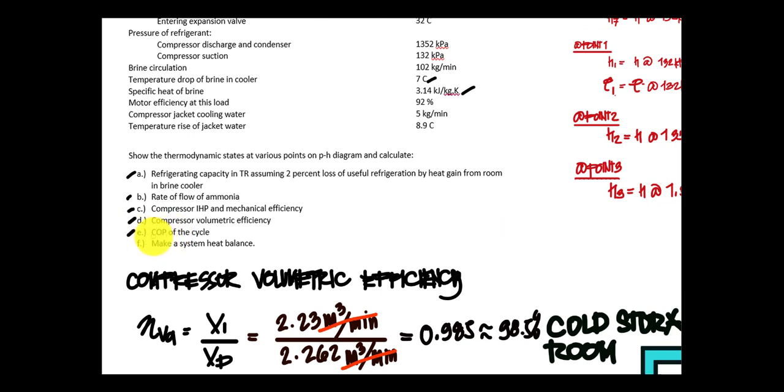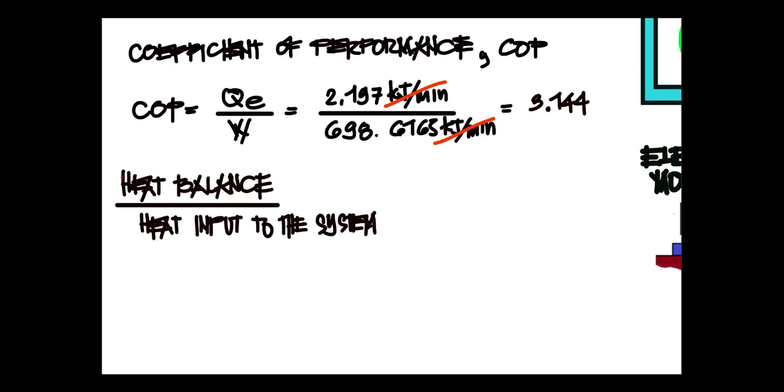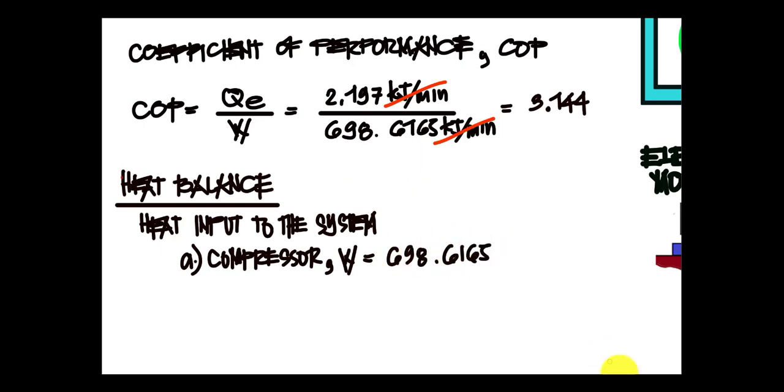Now the next question is to make a system heat balance. For the heat balance, let's check the heat input in the system. I will start with the compressor. For the compressor, we have the corresponding work, which is 698.6165 kilojoule per minute.